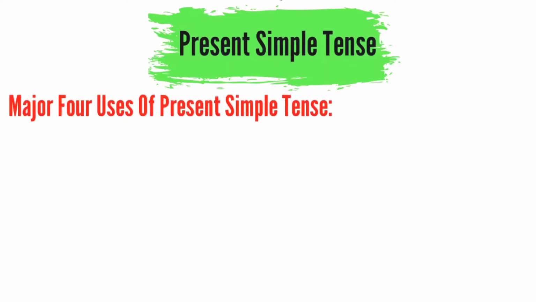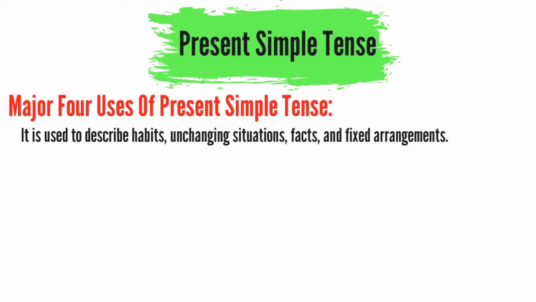Present simple tense is a very basic tense among the several forms of present tense in English, and that is the first tense in English courses wherever you are taking. It is used to describe the habit, unchanging situation, truth, and fixed arrangement or state.